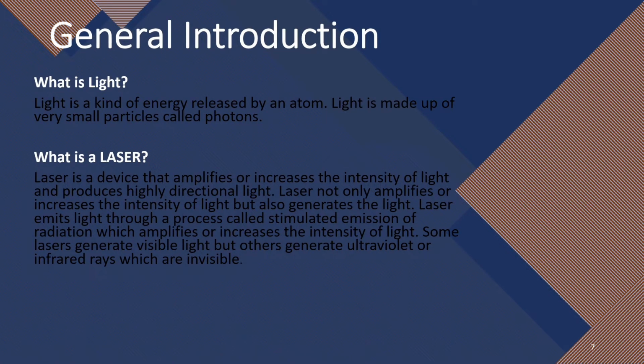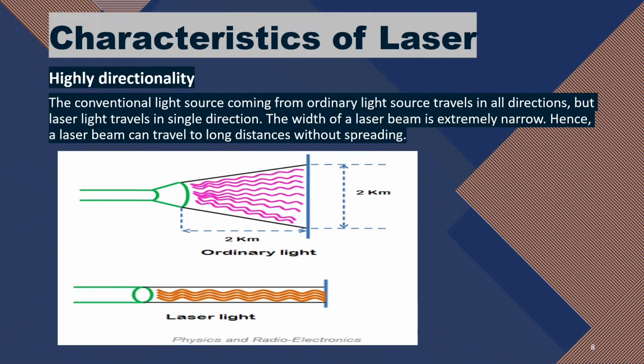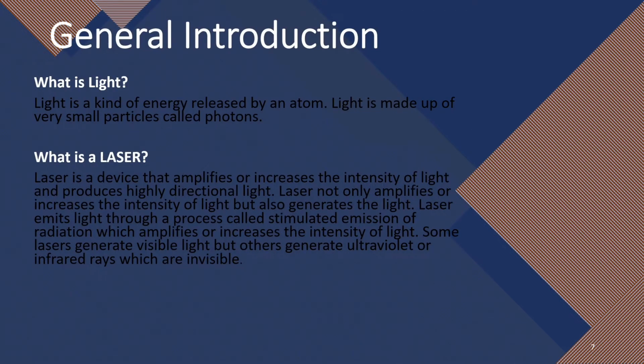Again, a laser is a device that emits light through a process of optical amplification based on the stimulated emission of electromagnetic radiation. We will learn more about optical amplification and stimulated emission of radiation in further videos. So let's get into the characteristics of laser.